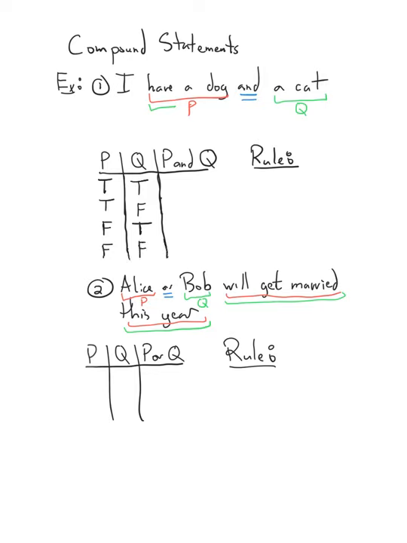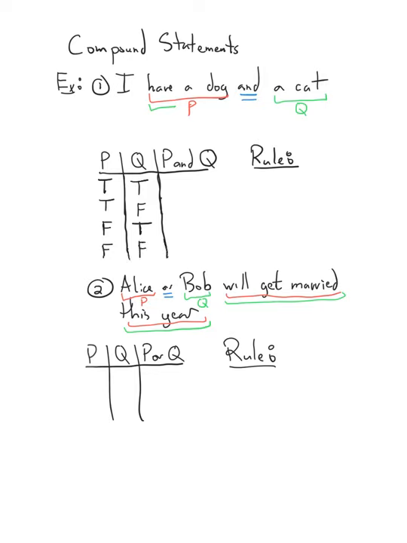So the question is, if you read this, I have a dog and I have a cat, when is that statement true? Well, if you think about it, it's only true when both parts, P, where I have a dog, and Q, where I have a cat, when that is true. So I'm telling the truth then. But if I only have one, if I just have a dog, if I say I have a dog and I have a cat, I'm lying to you. That's false.